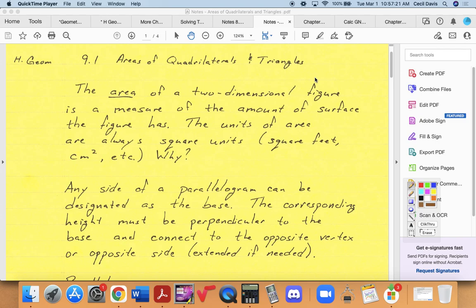We could measure this floor in how many floor tiles it takes to cover it. Is it a standard one? No, because these tiles aren't 1 square foot, but it would be a way to measure it. The units are always square units. Square feet, square centimeters, square miles, square something.